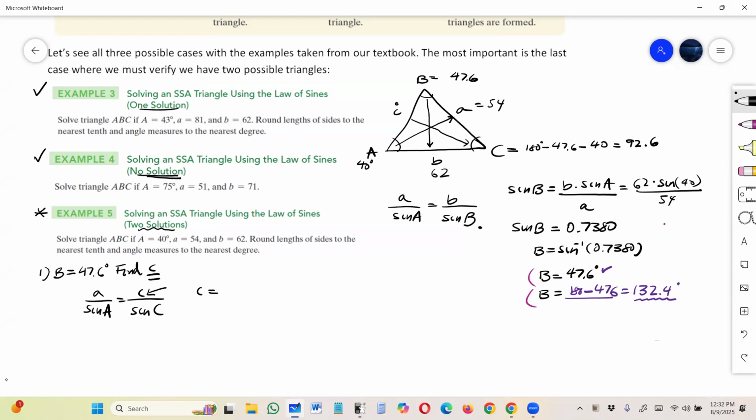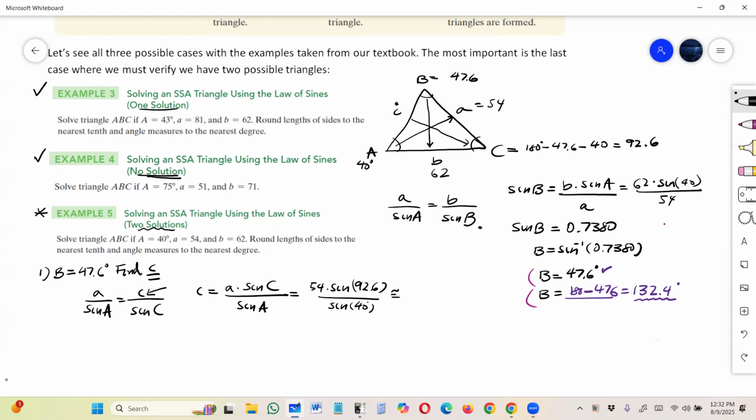So this is going to be A times sine C over sine A, and A is 54. Sine C is 92.4. And sine A is sine 40.